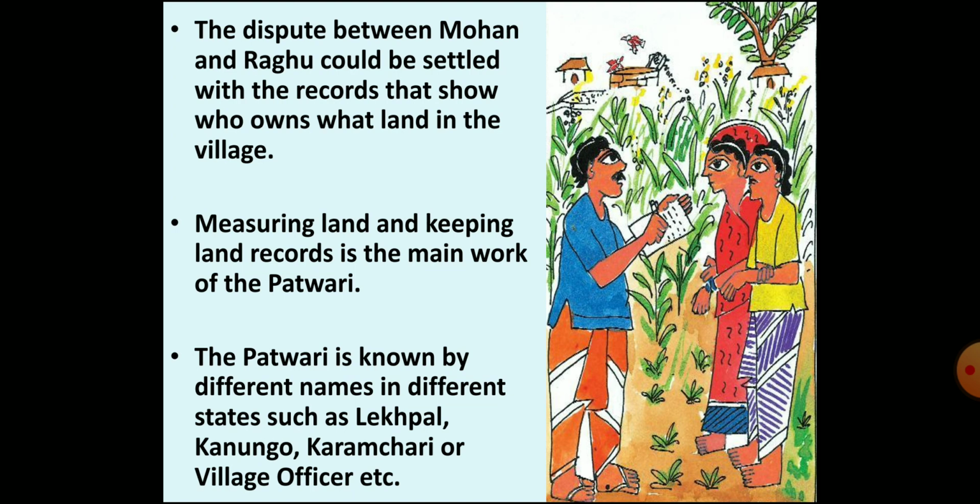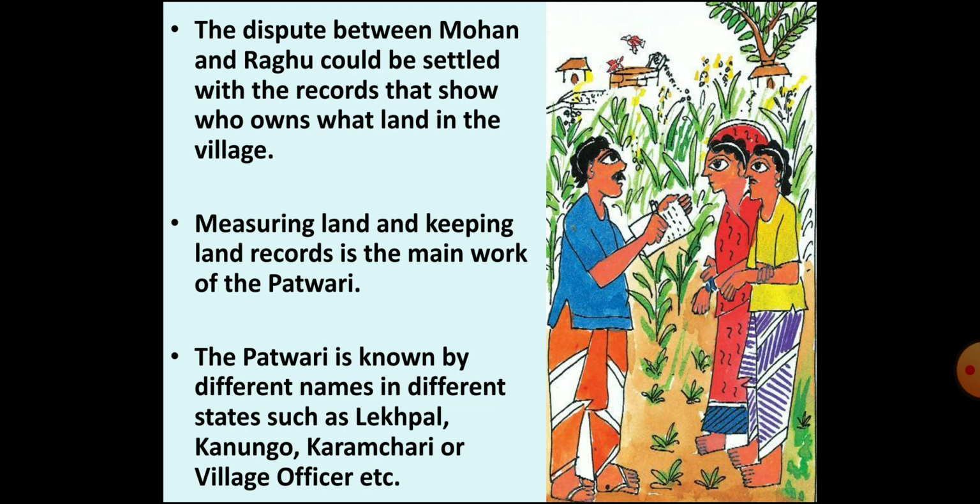At the village or rural level, Patwari is the person who measures land and maintains land records. The Patwari is known by different names in different states like Lekhpal, Kanun Go, Karamchari or village officer. The Patwari is responsible for a group of villages.